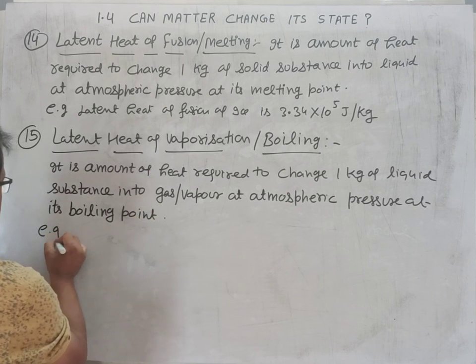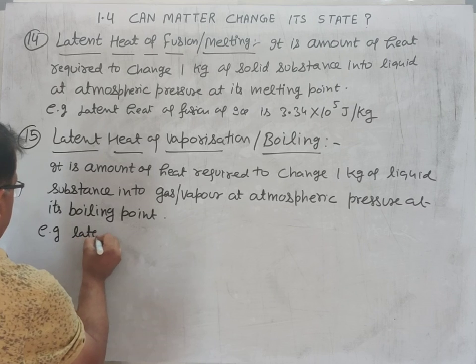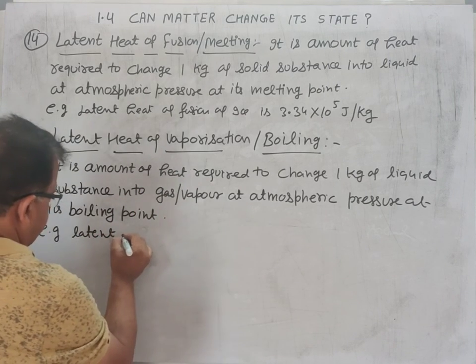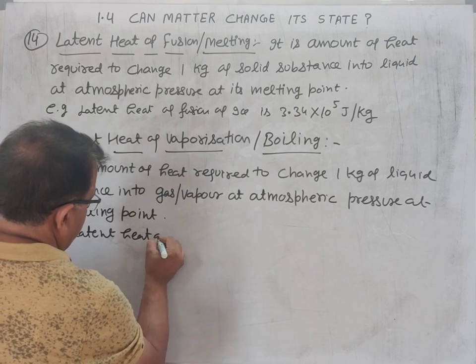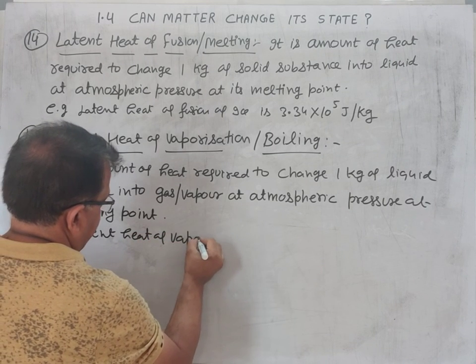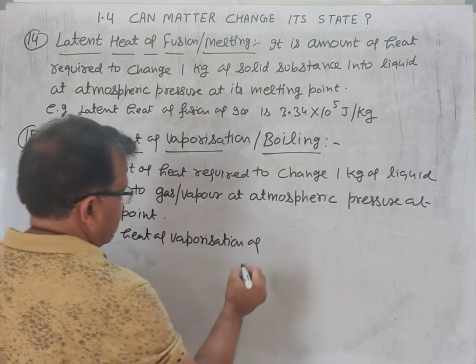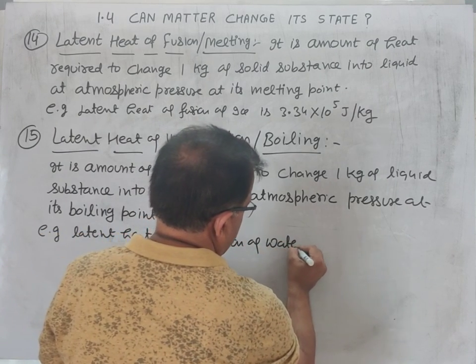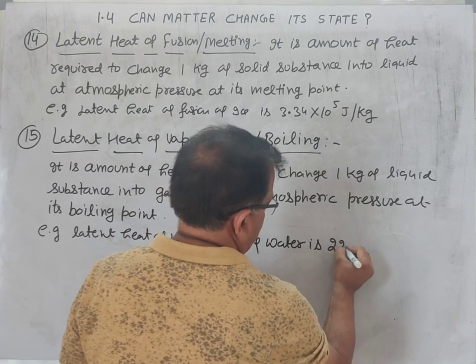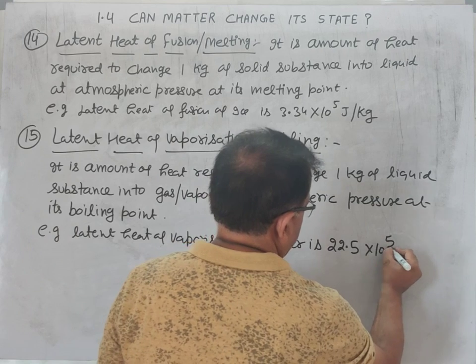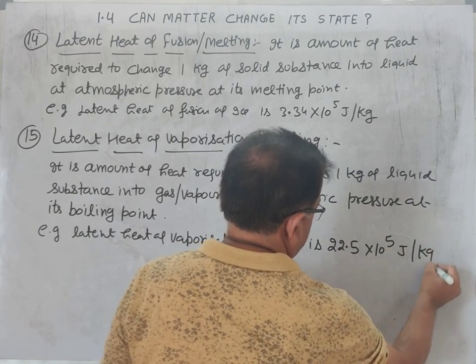For example, latent heat of vaporization of water is 22.5 × 10^5 joule per kg.